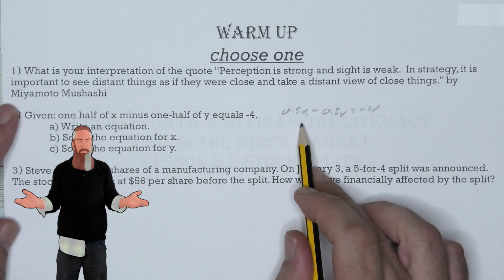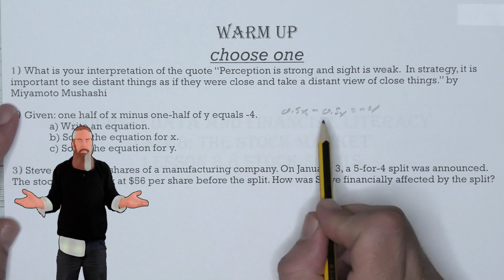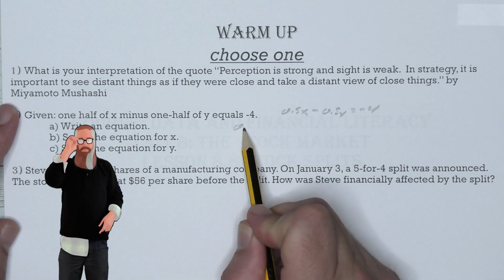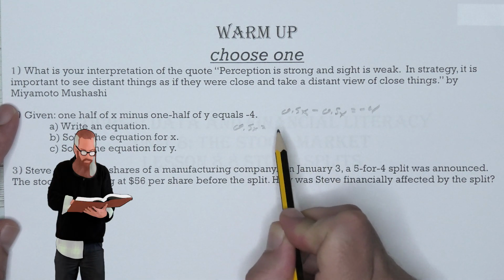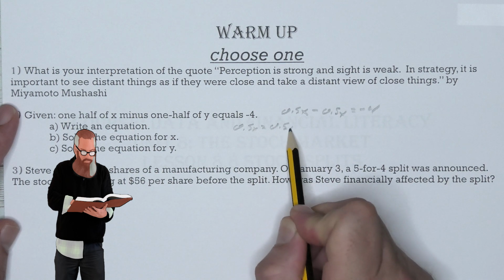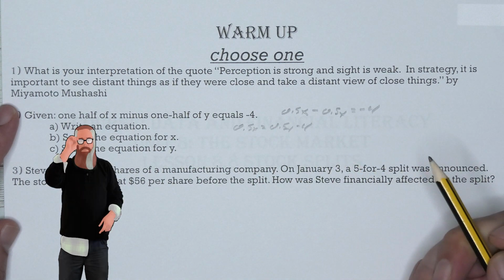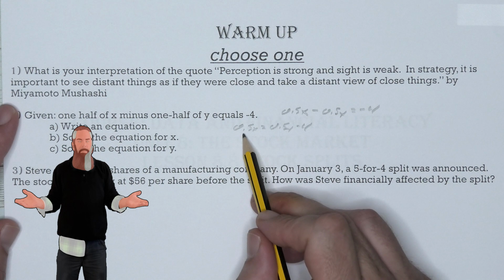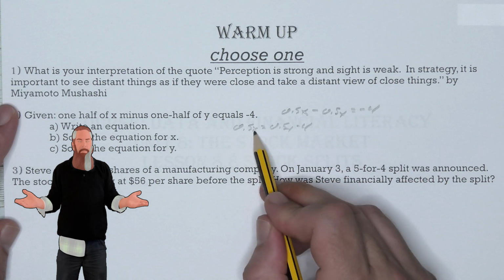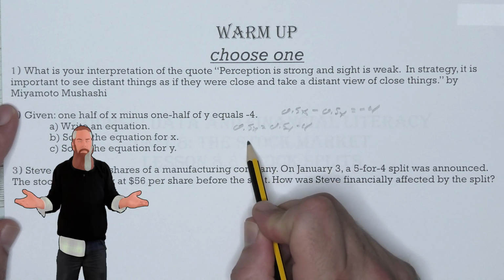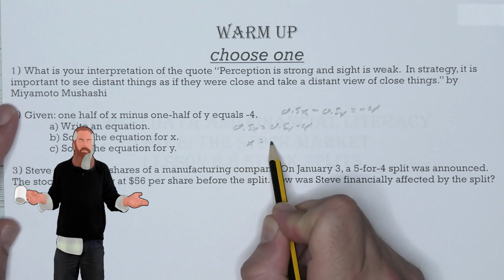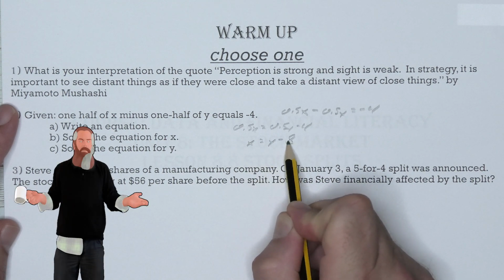Now, if we were going to solve this for x, then we would move the y to the other side and have 0.5x is equal to 0.5y minus 4. Now we're going to multiply both sides by 2 to get rid of this 0.5x. This is going to give us x is equal to y minus 8.